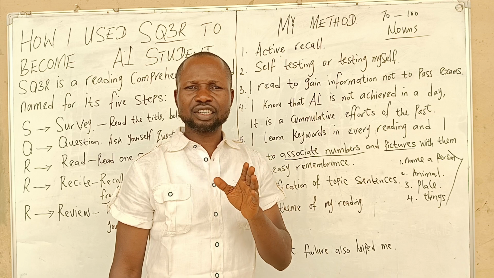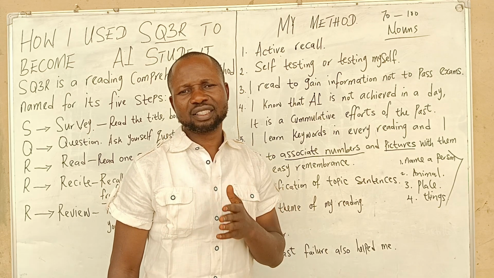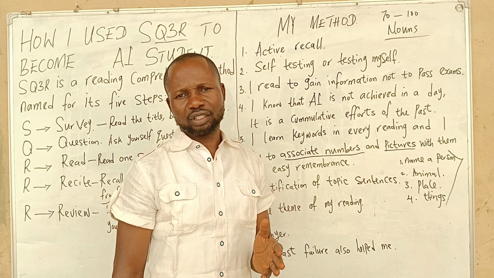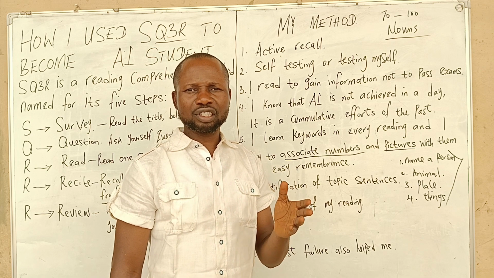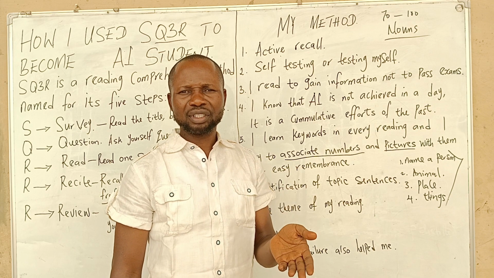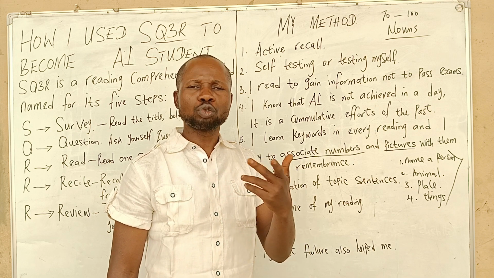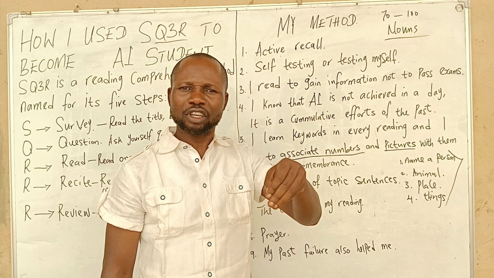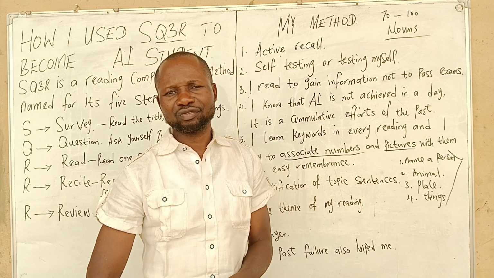The first thing is if you know how to pass, you will pass. But if you don't know how to pass, you will fail. Even the Holy Scriptures say the labor of the foolish wearied them because they do not know the way into the city. So if you know the way into the city of any subject, you will pass.